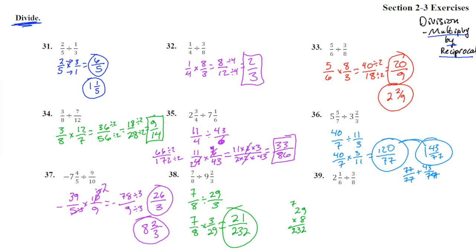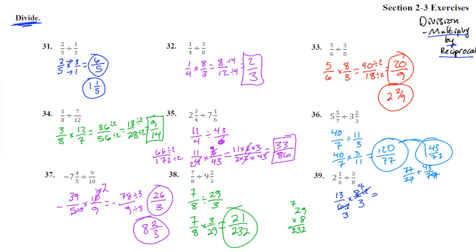Good. Number 39. 6 times 2 is 12, plus 1 is 13/6, times 8/3. Let me see. There will be a 2 that will be able to come out. We could divide by 2 here and divide by 2 here. That's a 3, and that's a 4.